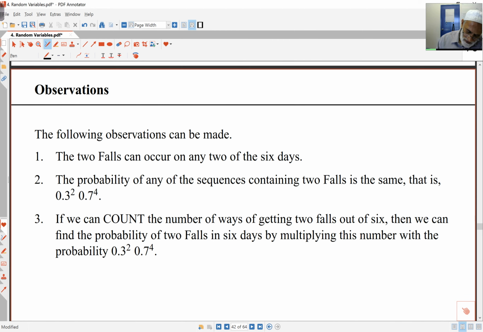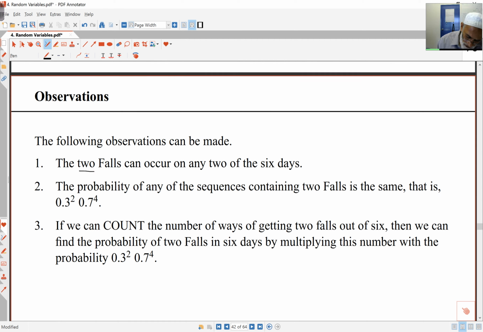So the following observations. True or false can occur on any two of the 6 days. That's the first thing. The second is the probability of any of the sequences containing true or false is the same. It's just 0.3 times 2, the 2 falls, and the remaining 4 weren't falls, probability 0.7. It doesn't matter how the sequence arises, because of independence, the probability is the same.